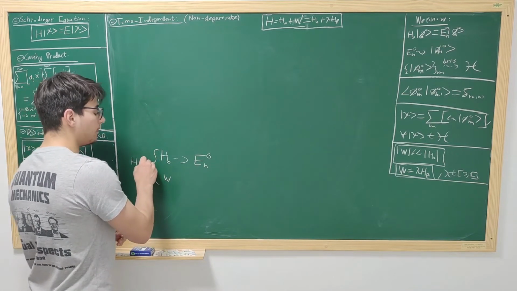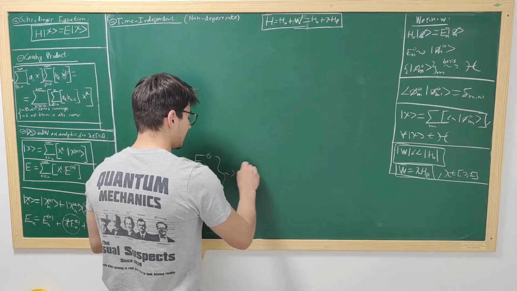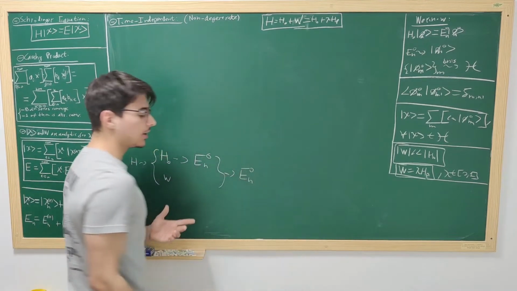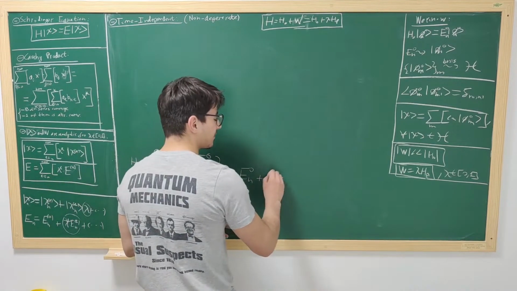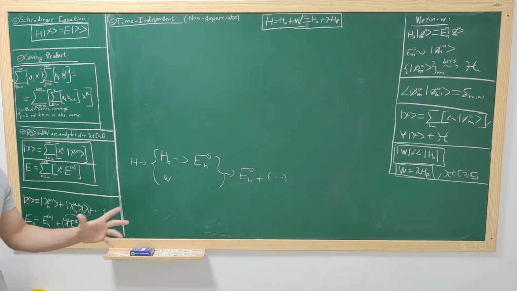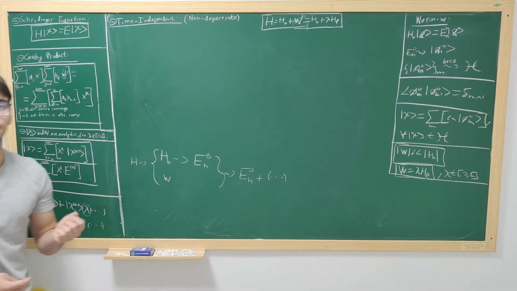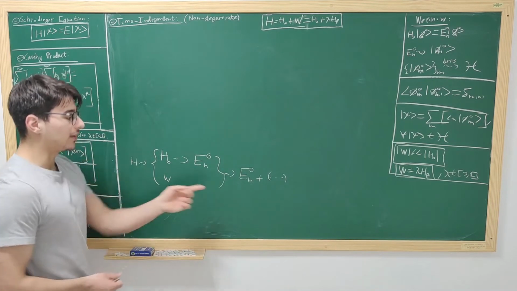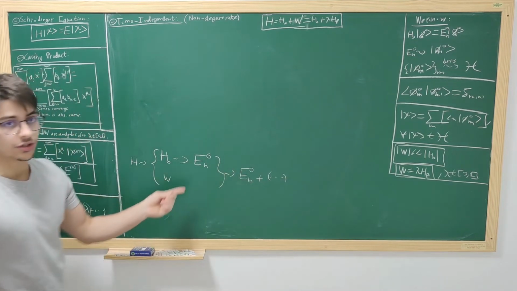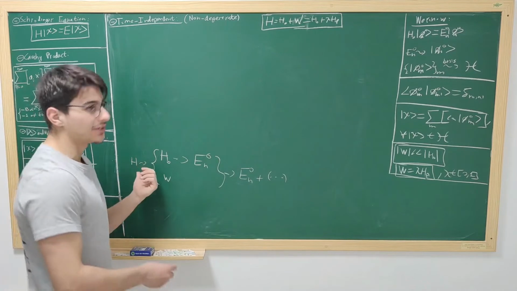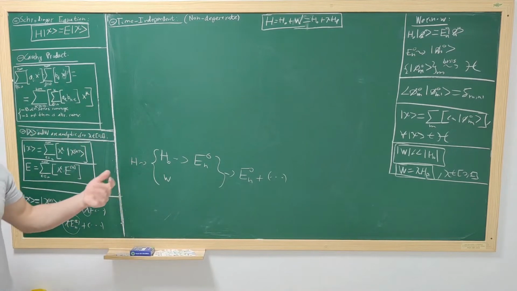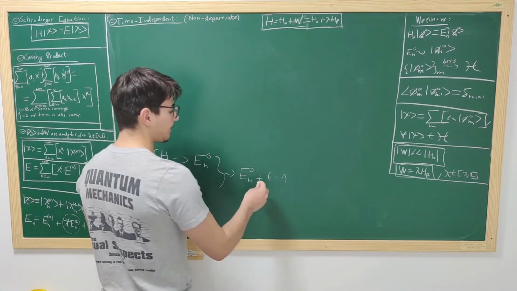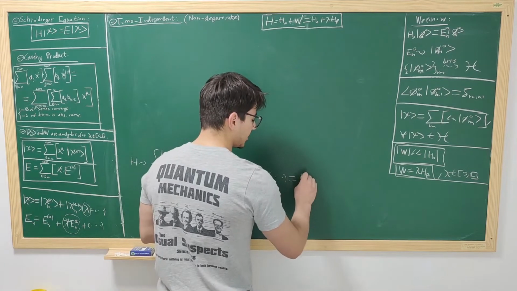Then our full Hamiltonian is of course the same energy level plus something else, which we don't know what it is. And this something else is due to this perturbation. Now, for a different energy level of H0, we will get a different energy level for H. So this would be the full energy.